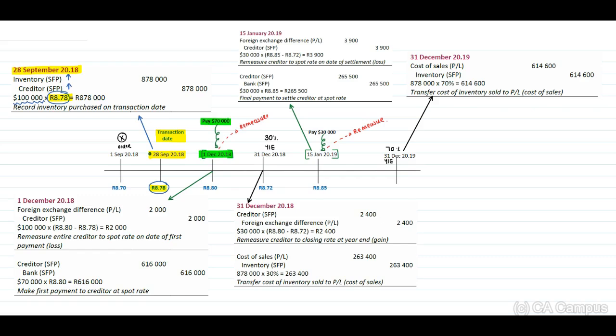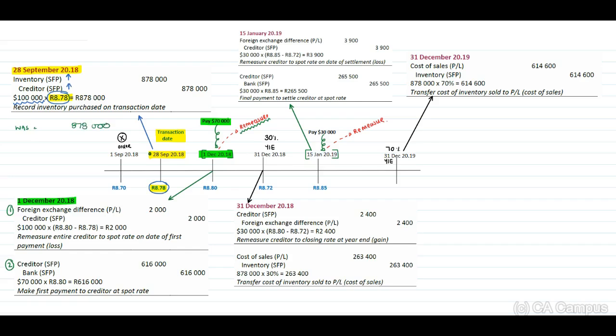Then, when you look at the timeline, on 1 December 2018, we pay 70,000. But we need to remember that we will first have to remeasure our foreign creditor and then recognize our payment journal. Therefore, on 1 December 2018, when we need to remeasure our creditor, you need to identify what was the value of your creditor. And this was the 878,000.